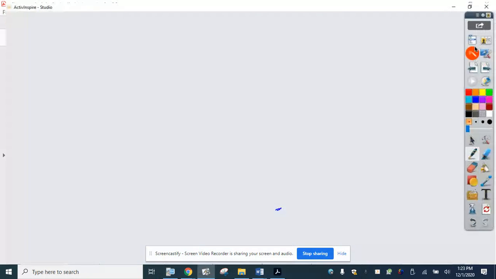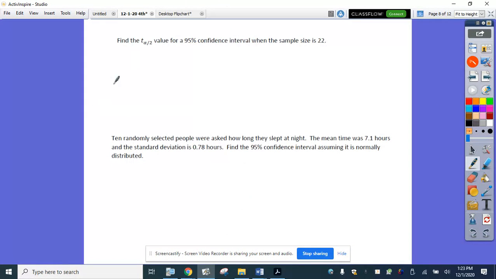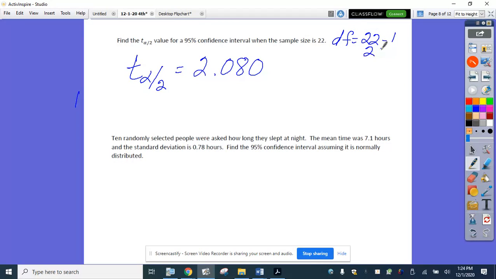All right, so we're going to write that, t sub alpha over 2 is 2.080 because the degree of freedom was 21 and my confidence interval was 95%. That is how you do number 4. Okay, so that should help you with number 4.